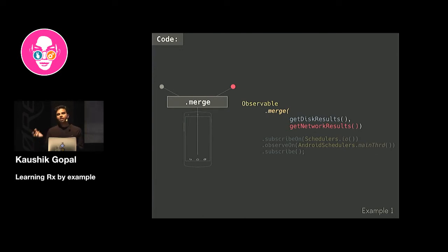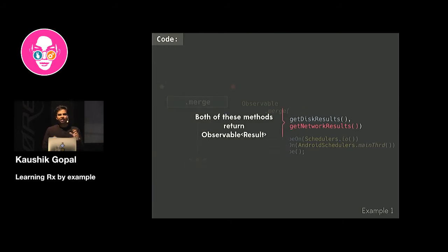And I merge it with another observable, which pulls the results from a backend server, or the network request, right? I should point out that the merge operator basically takes in observables as arguments. So for the purposes of brevity, I've just written this as get disk results and get network results. But the return types for these are essentially observables themselves.